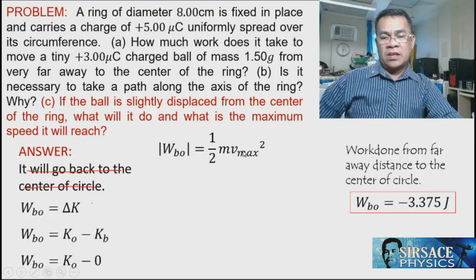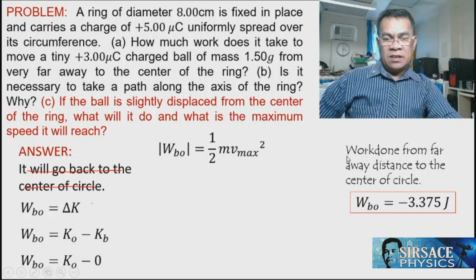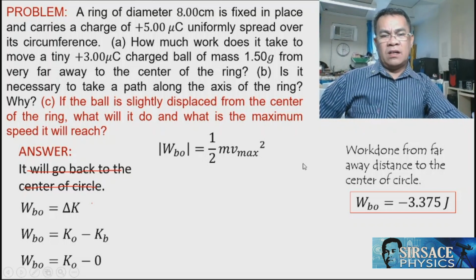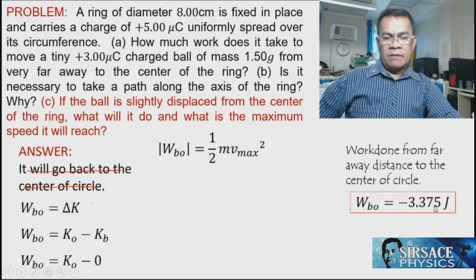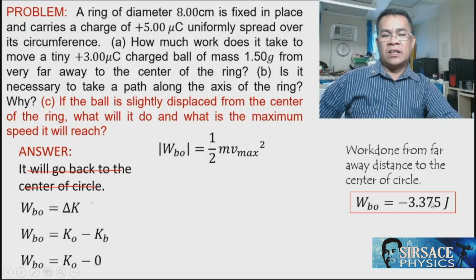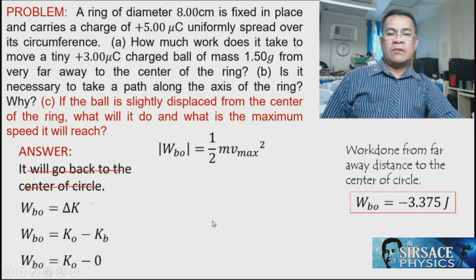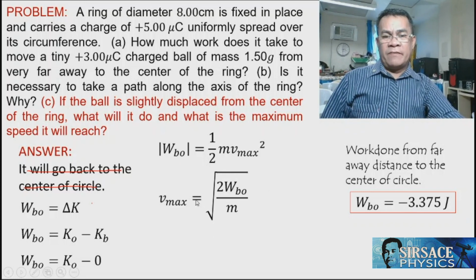The velocity is toward the far away point, which produces a reverse direction from the exerted energy, negative 3. So take the absolute value, then solve for the final velocity.